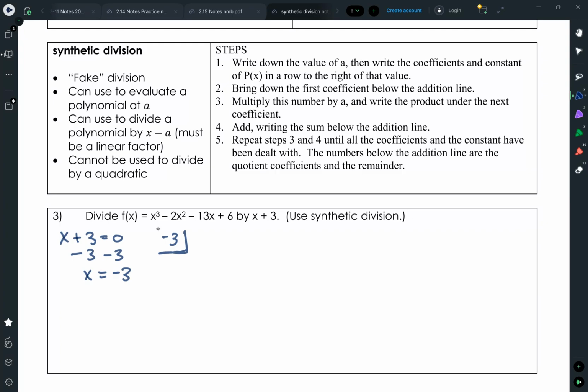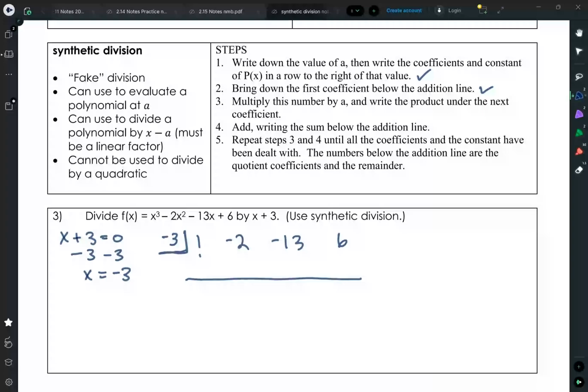My coefficients have to be in descending order. If I'm missing a term, I need to put a 0 in. So I have a 1x cubed. I have a negative 2x squared, a negative 13x, and a 6. So we're just writing coefficients down. I'm going to leave a little space, enough room for one line of work. And then I'm going to draw this line. So that's the setup.